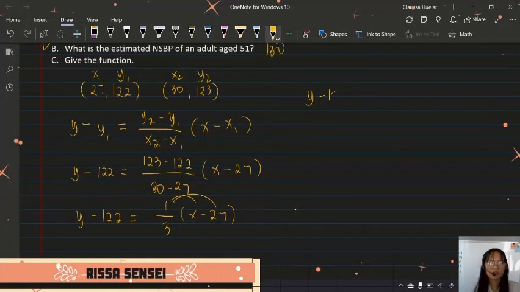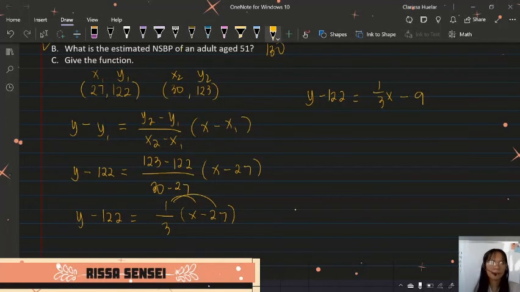Now, let's distribute 1/3 to each term. We now have y minus 122 equals 1/3 x minus 27 times 1/3, which is the same as 27 over 3. Let's divide. That is equal to 9.